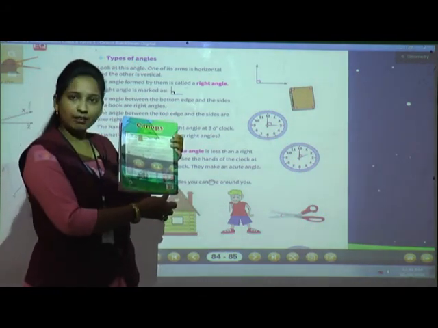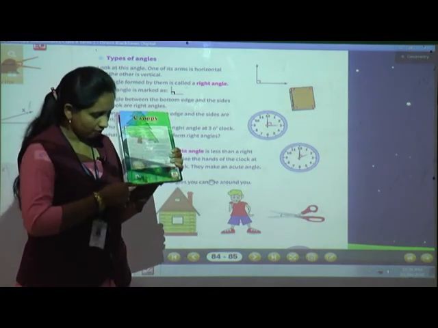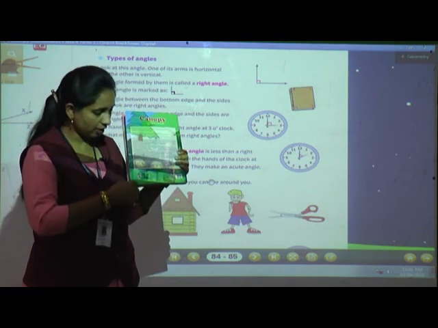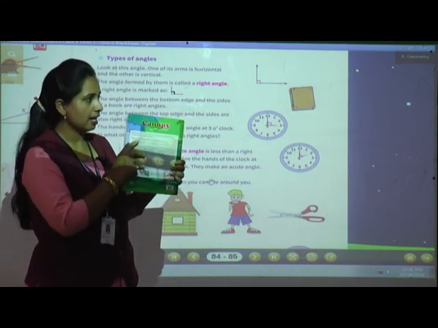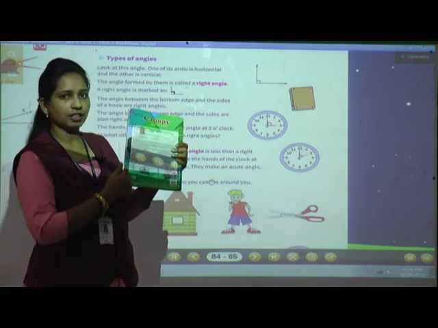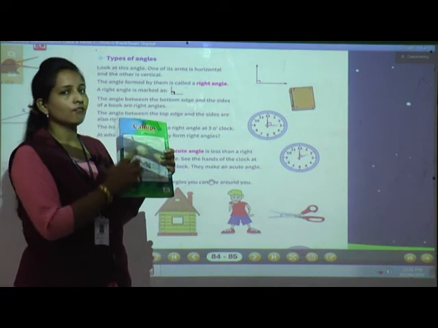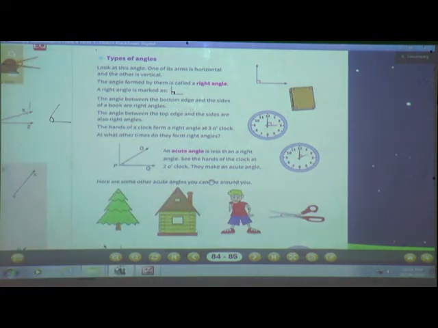So here we can make one more angle. Okay, and again see, horizontal, vertical. Here also we can make one more right angle, and here horizontal and vertical. Here also we can make one more right angle. Got it? Clear till here?